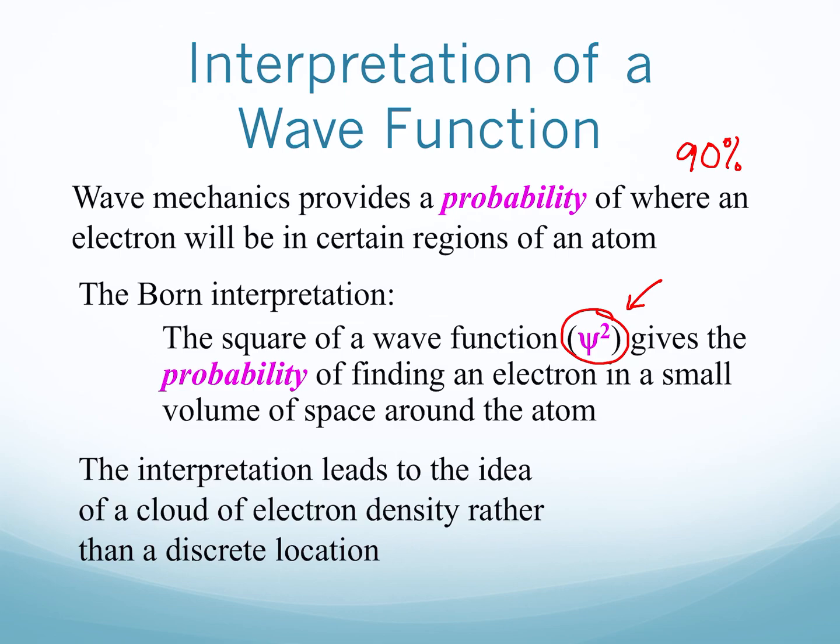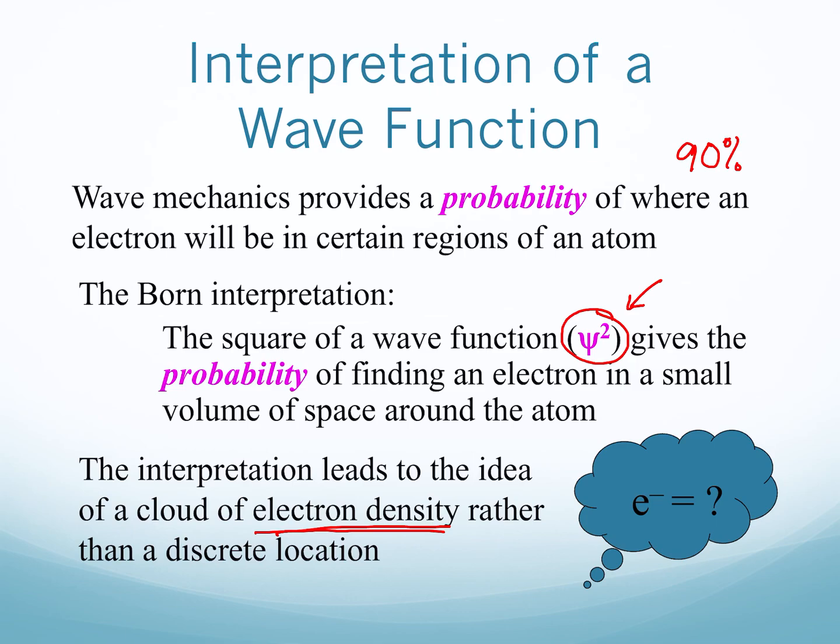And so this interpretation, this probability of finding the electron, leads us to the idea of electron cloud density, this electron density rather than a discrete location. Like the Bohr model said, here's our nucleus, and the electron is going to be either here or here or here.